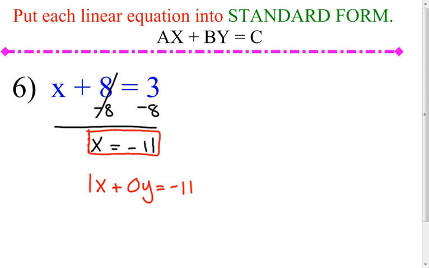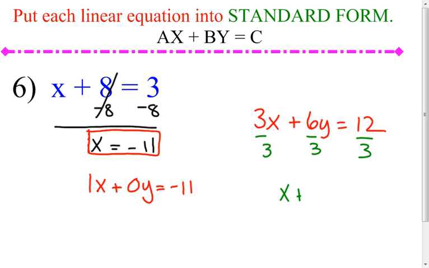Then I want to tell you this too. Sometimes you'll get down to an equation that looks like this: 3x plus 6y equals 12. If I look at 3, 6, and 12, those are all divisible by 3, so I want to divide them all by 3 and get x plus 2y equals 4.